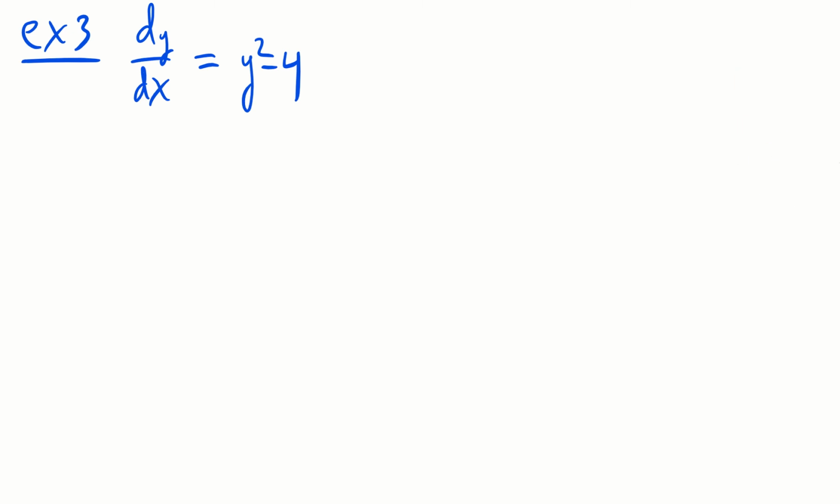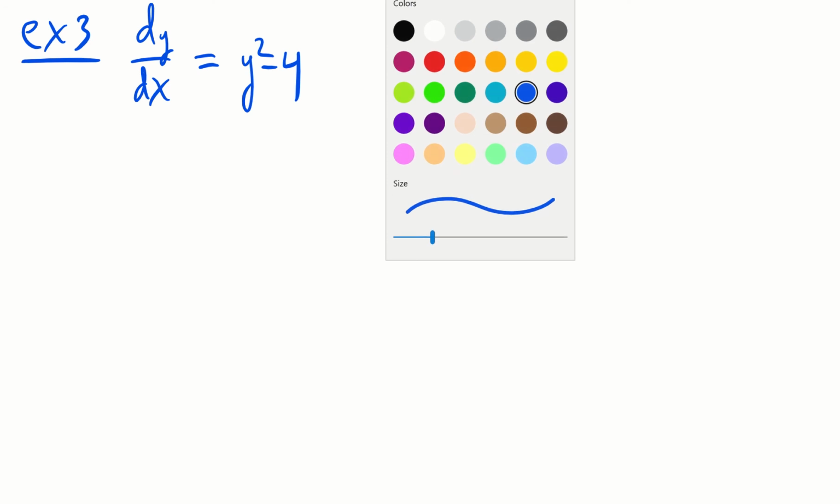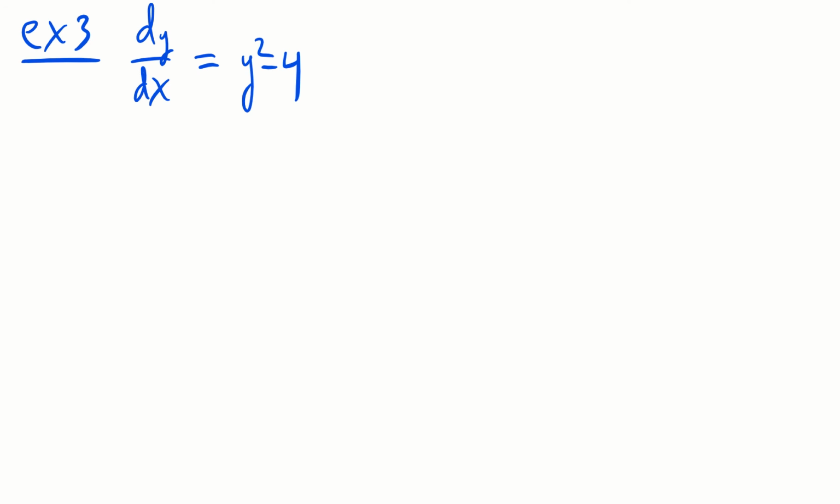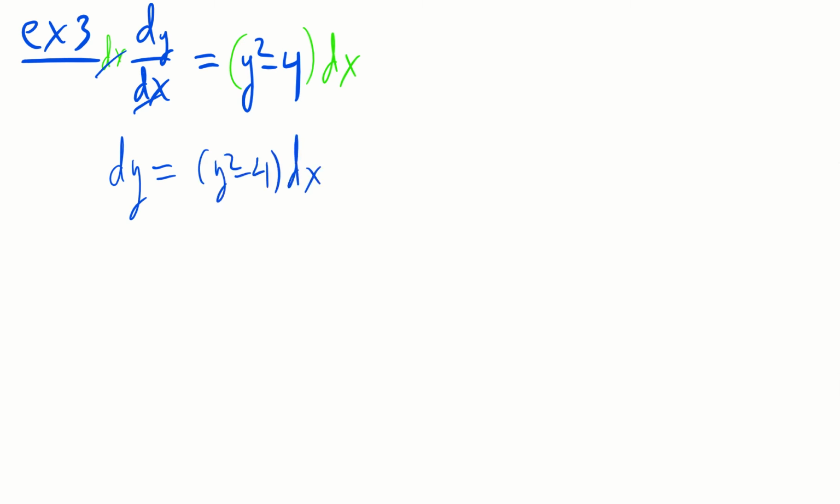We can begin by multiplying both sides by dx. We want to get everything with x on one side, everything with y on the other side. Here the dx's cancel, so we get dy equals y squared minus 4 dx.